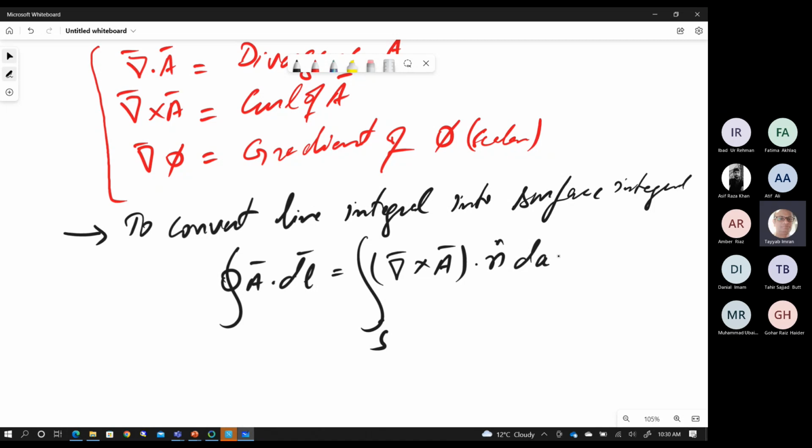Okay, so if you want to convert the line integral into the surface integral, then this is the equation actually.